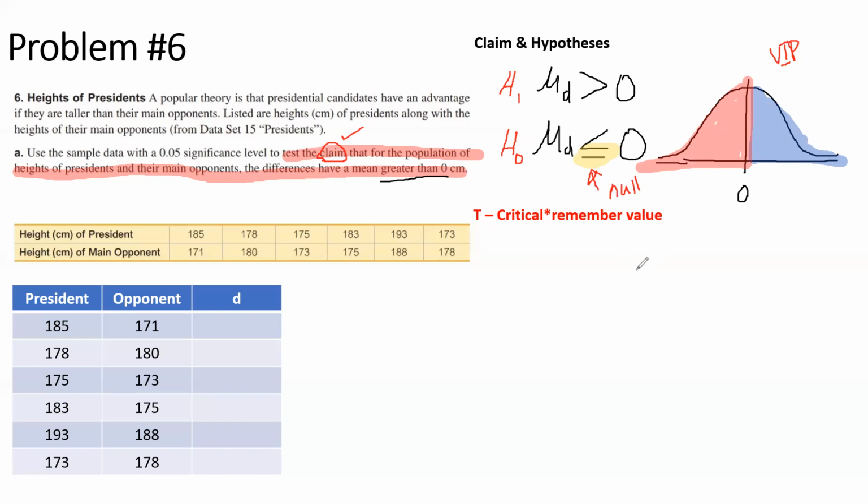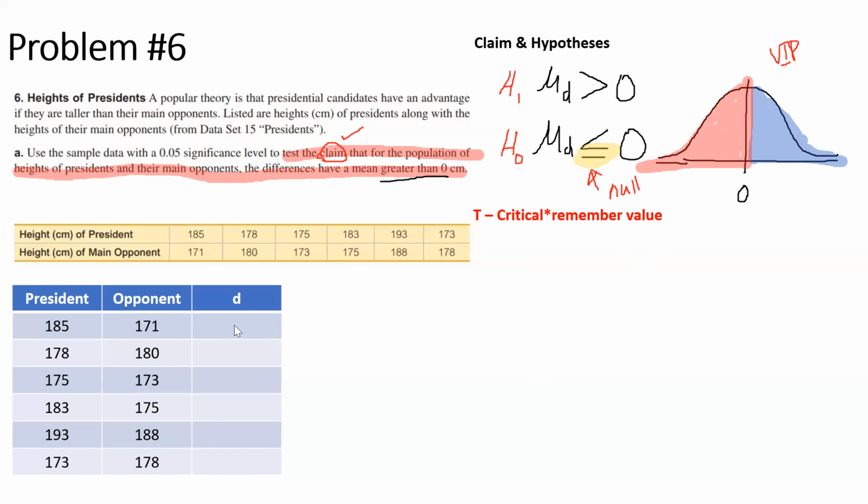What else? What's next? Find D would be next. All right. Now, yeah, you can find D. Finding D, you would subtract the one president's height by the other one.